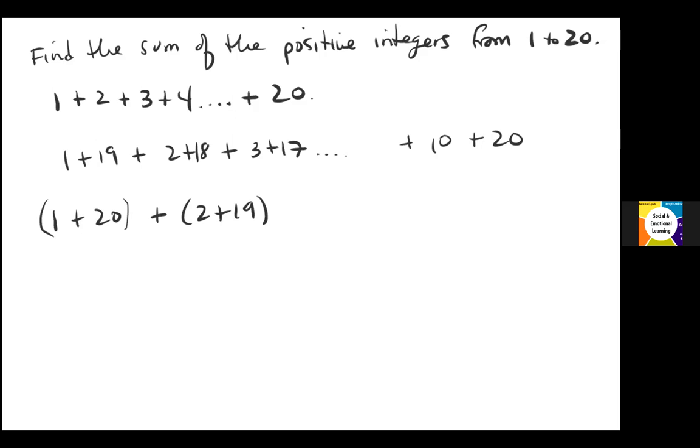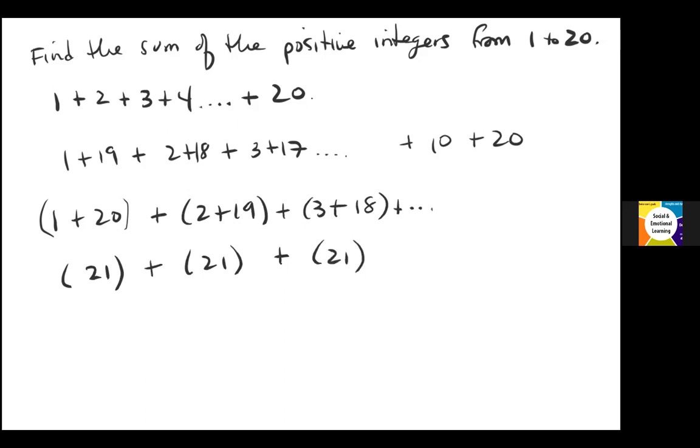So it'd be great if we could get 10 pairs that were all the same. Are these going to add up to the same? 3 plus 18. All of these additions add up to 21, right? What is the last pair in this string of numbers?